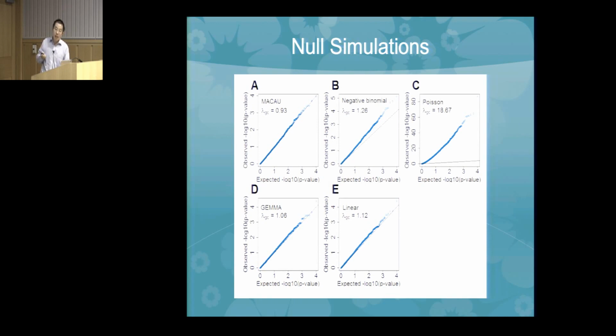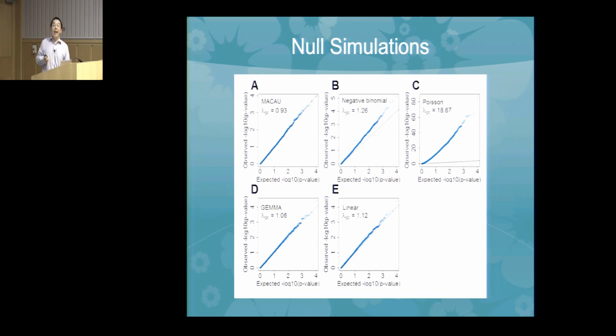In contrast to these models, you can see our method and also the linear mixed model, GEMMA, all control type 1 error pretty well. And if you look at the genomic control factors, they all look close to 1. So these are the results for these 5 different methods.